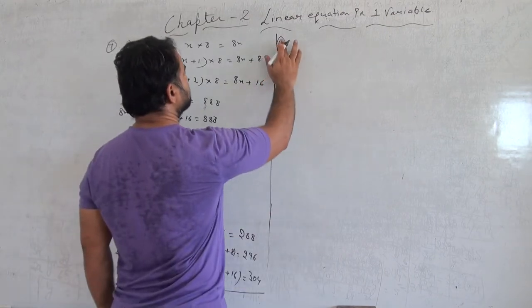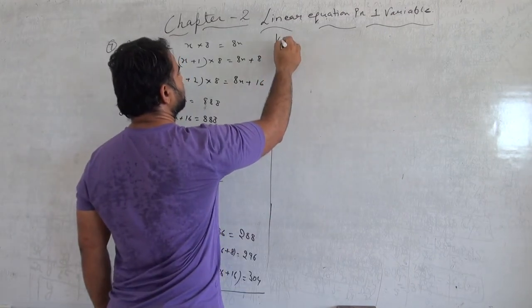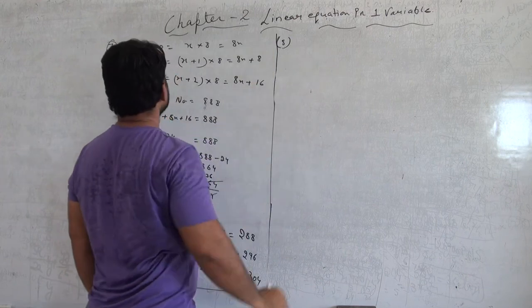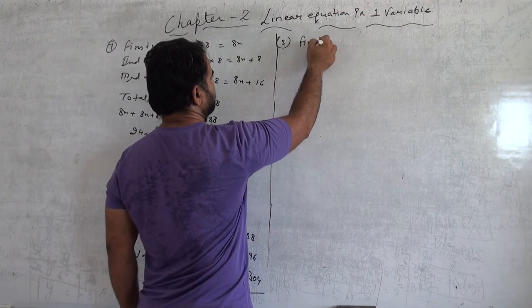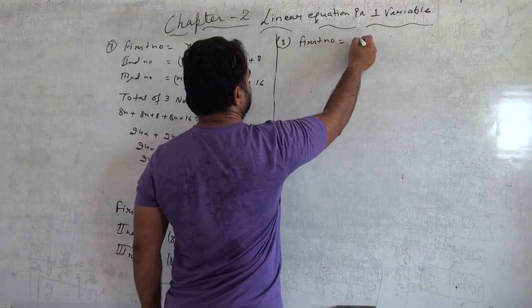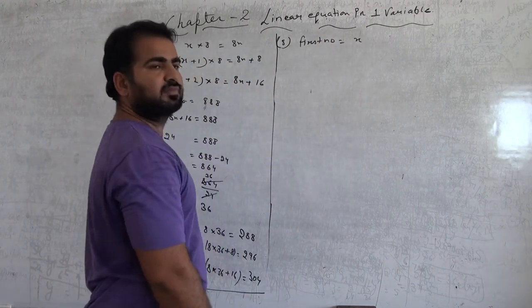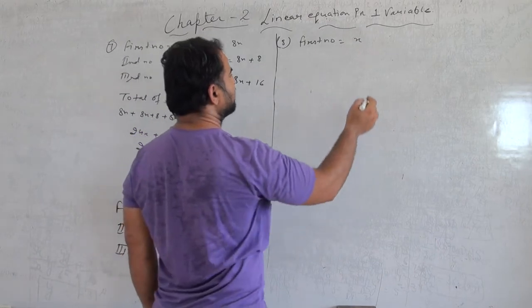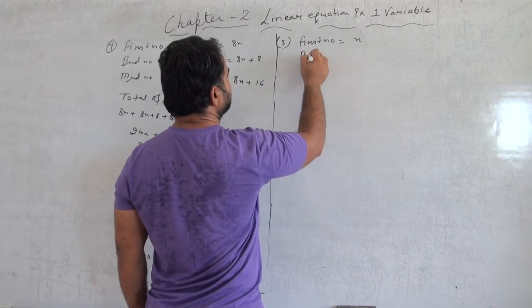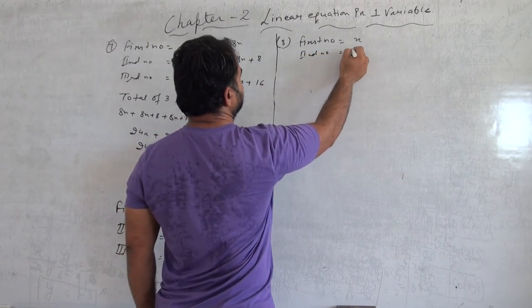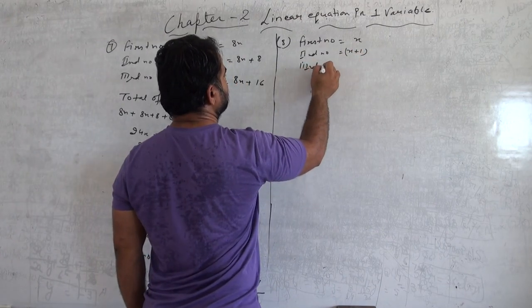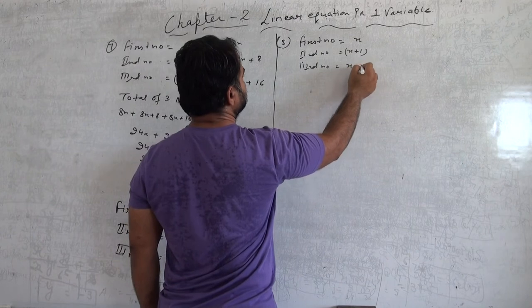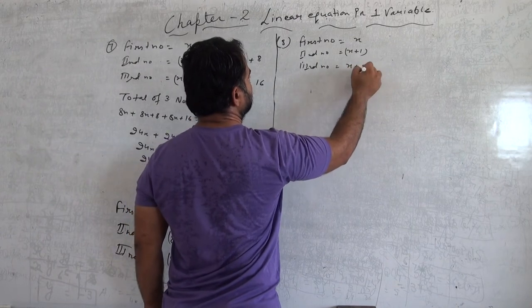So question number 8, first number will be x, second number will be x plus 1, and third number will be x plus 2.